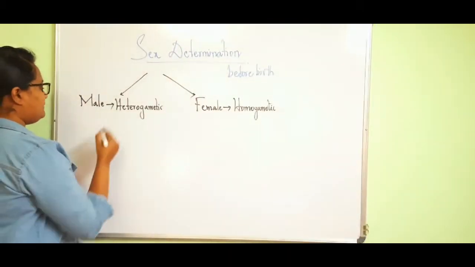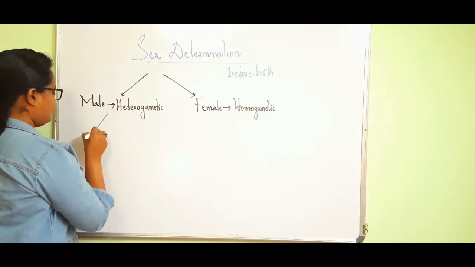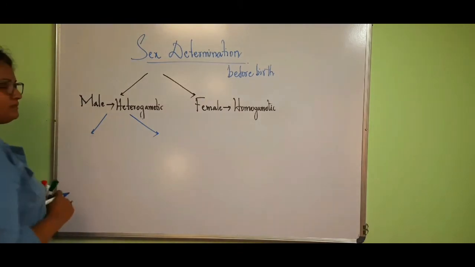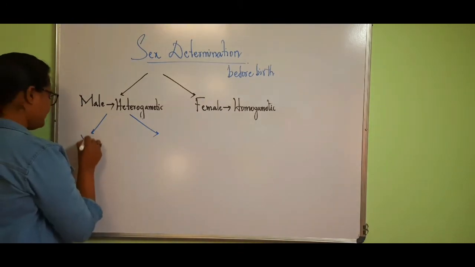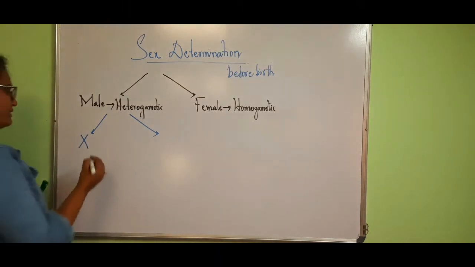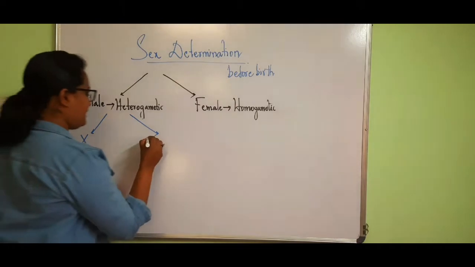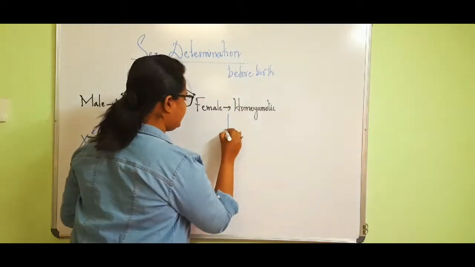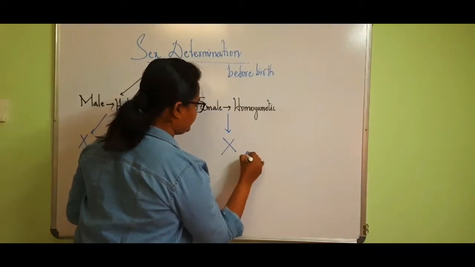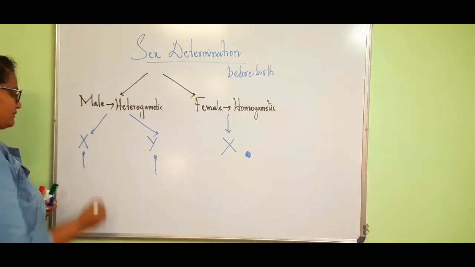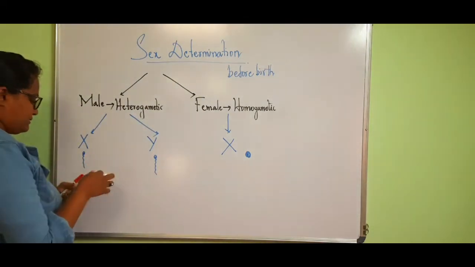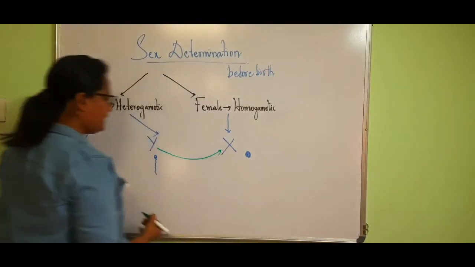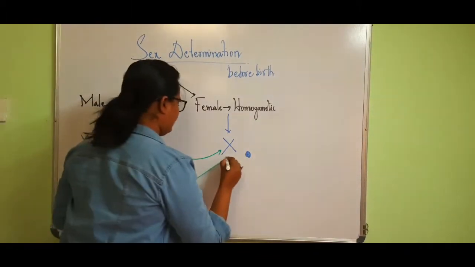The male gametes, we know, one is X sperm and another 50% sperm is Y, whereas in females, only X egg. So what happens if this sperm is fused with the egg, or this sperm is fused with the egg?